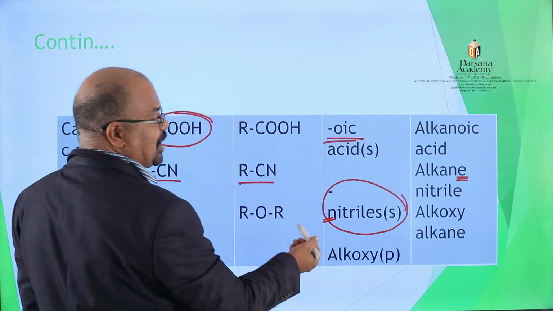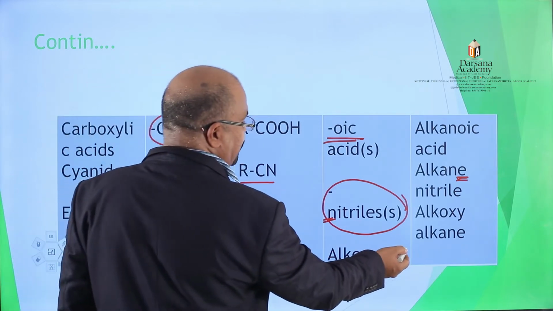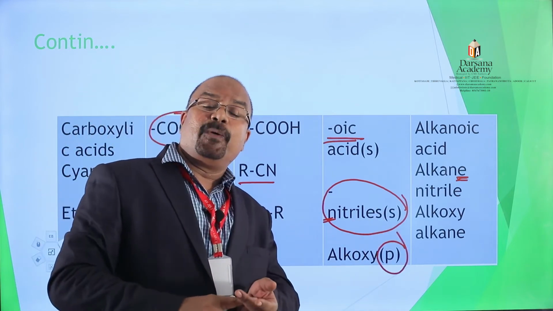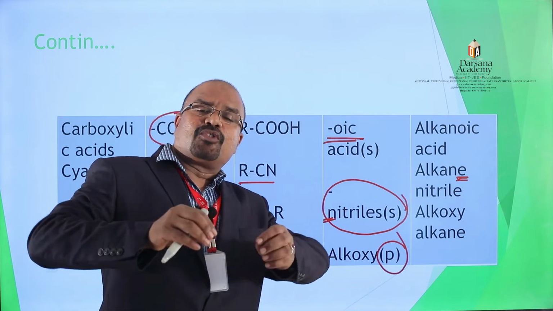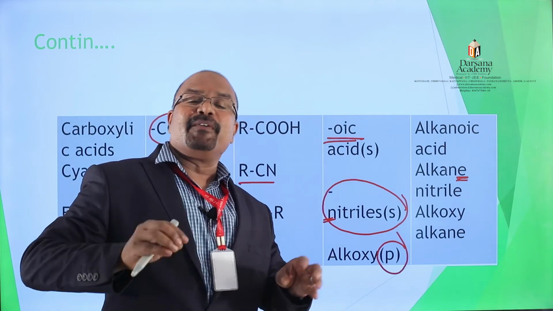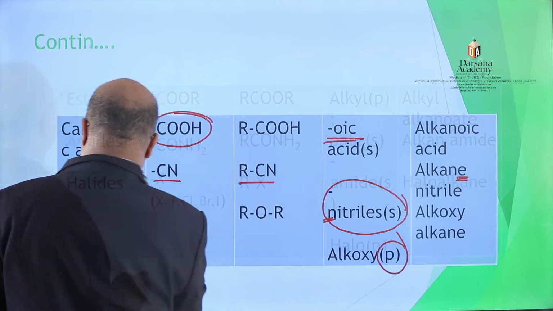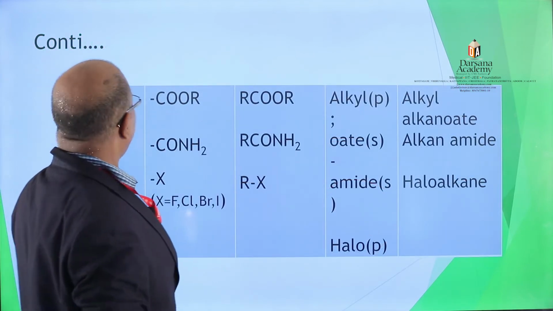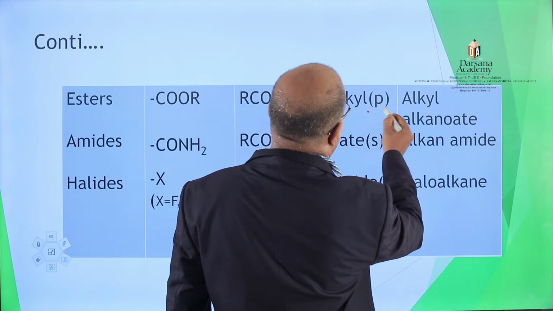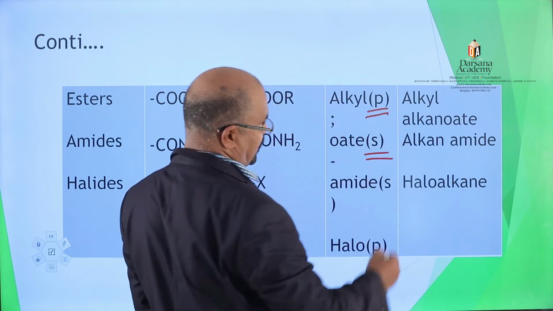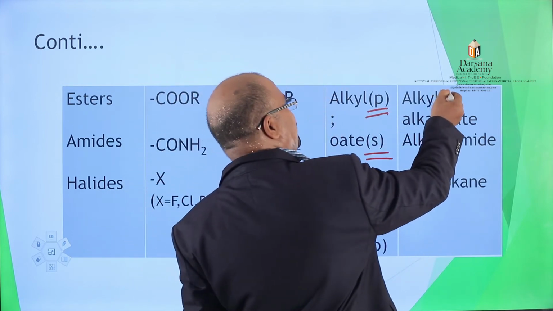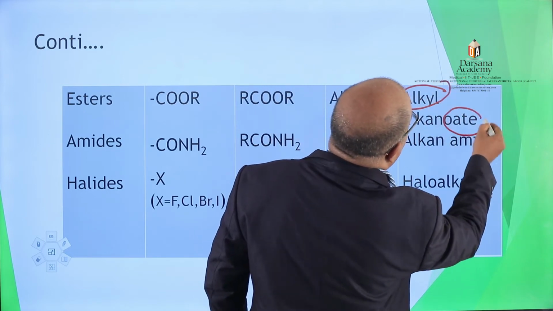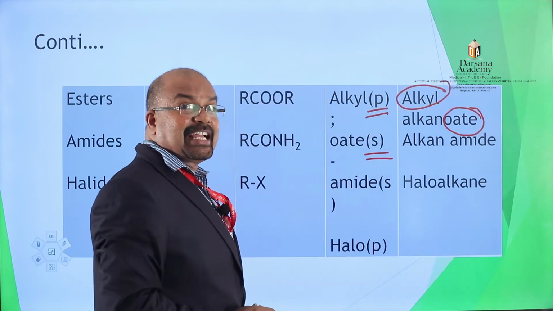In the case of alkoxy, it is a prefix word. The functional groups nitro, halo and alkoxy are considered as prefixes. Then for other functional groups, such as esters, there is a prefix as well as a suffix word. Because alkyl is a prefix and OATE is the suffix word, the name of the compound is alkyl alkanoate.